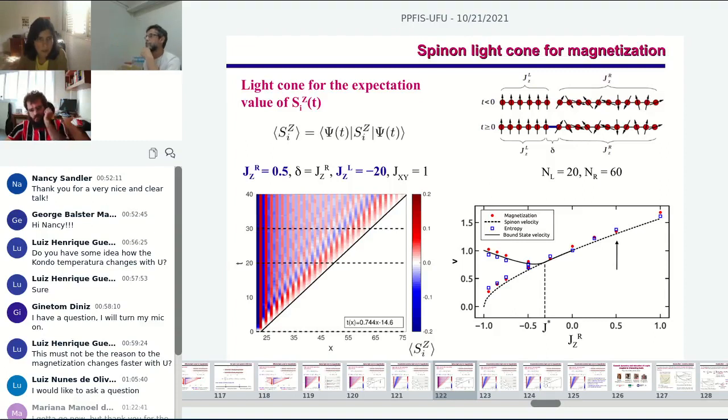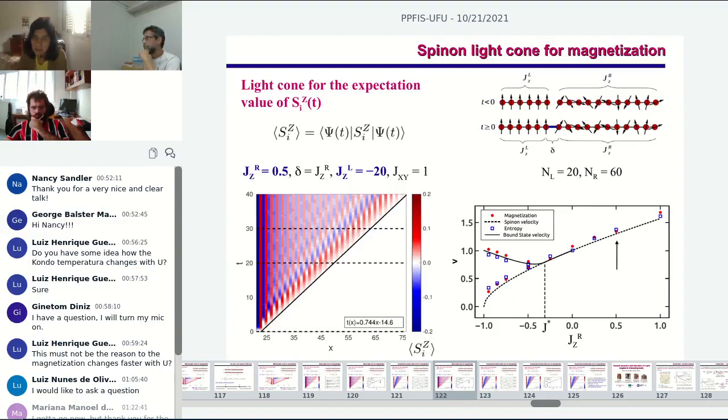That's another way to call the anisotropy parameter. Delta star is exactly equal to cosine of 3 pi over 5. So there is a reason for it being exactly like this.